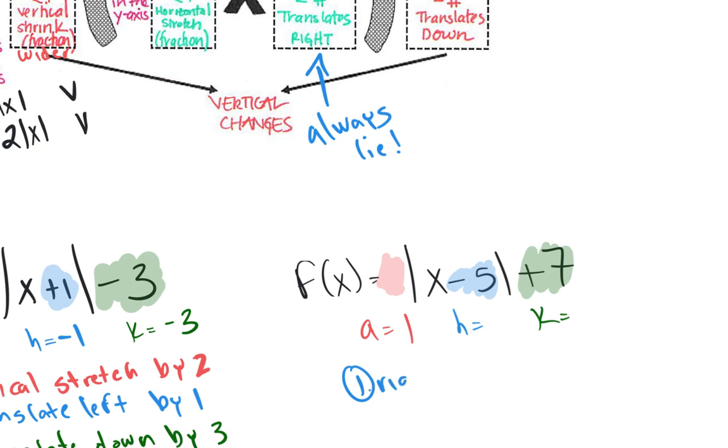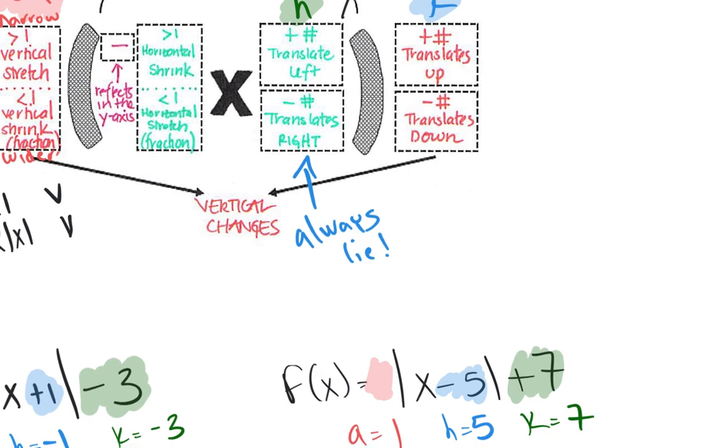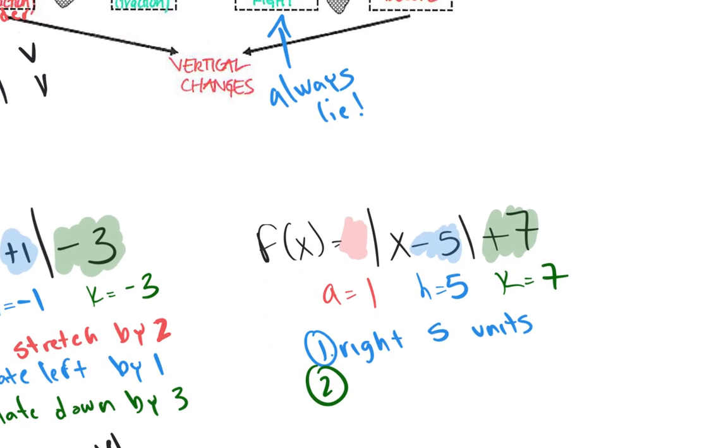So right 5 units, but the h's lie. So my h is really a +5, even though it looks like a -5. My second transformation comes from the k, which is a +7. Since I'm adding something, I really went up. So that +7 tells me that I went up 7 units.